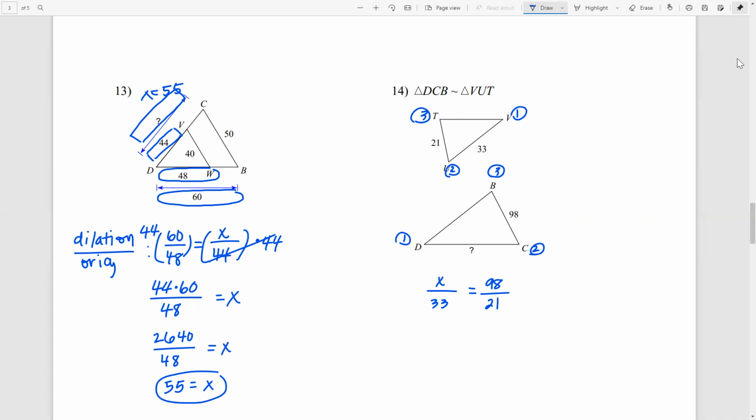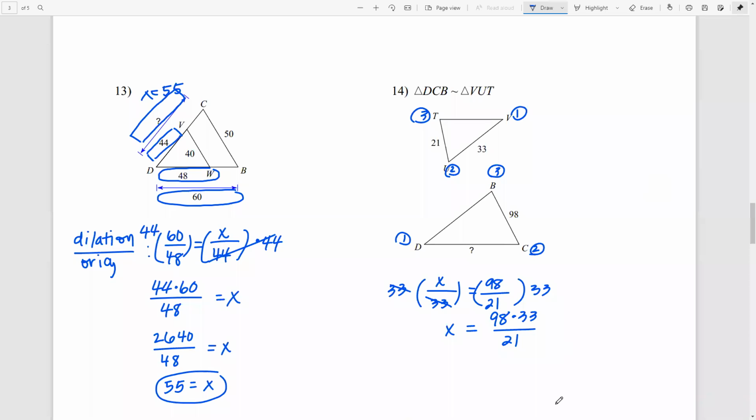Okay, same deal. X is being divided by 33, so I need to cancel out my division by multiplying. So X will equal 98 times 33 all over 21. So we're going to get our calculators again and multiply my 98 by 33.